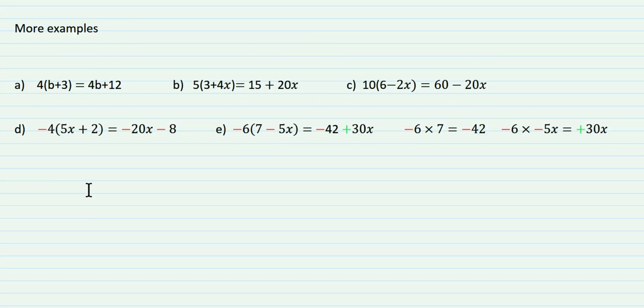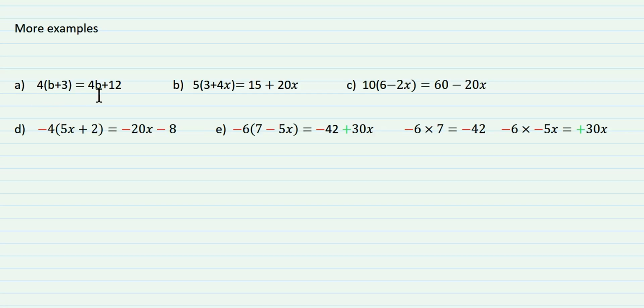Now I'm gonna do several more examples. 4 into b plus 3, so we just times everything in the bracket by what's outside. This is a single bracket. This is what we're doing in this lesson. We're multiplying out single brackets, so everything outside is multiplied by everything in the bracket.